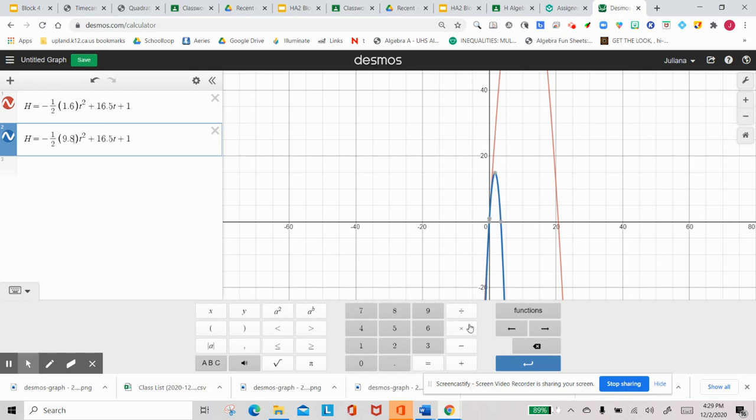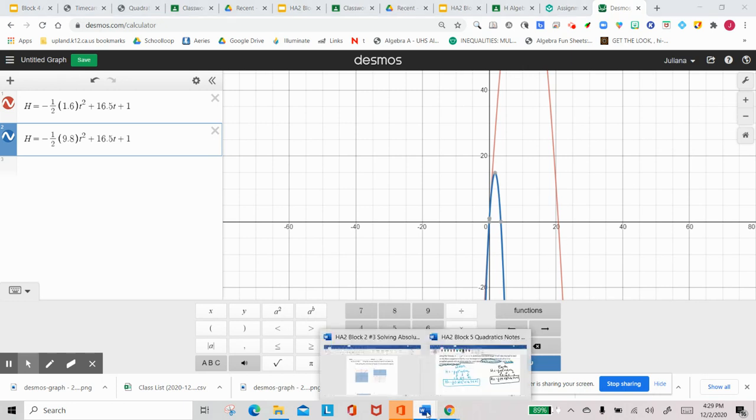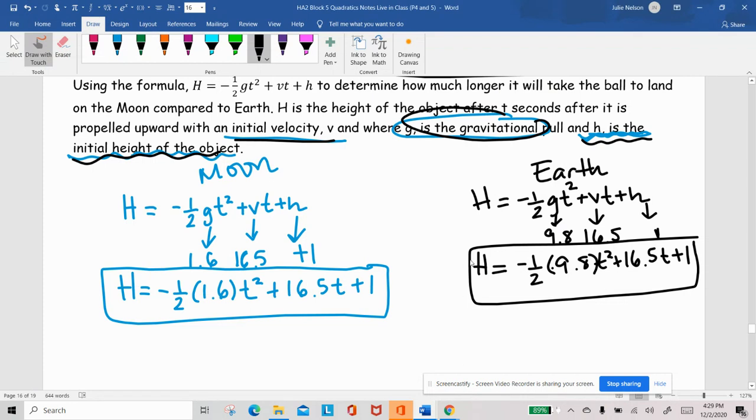So I'm going to go back and read the question and make sure that we answer it correctly. So the question that I'm going to highlight says, how much longer will it take the ball to land on the moon compared to the Earth? Well, the soccer ball is being kicked and then it goes up and then it lands right here, right?